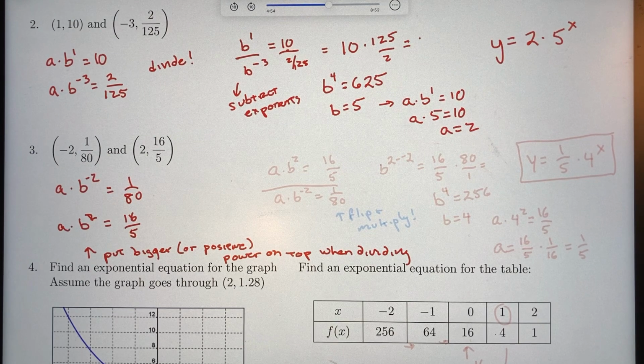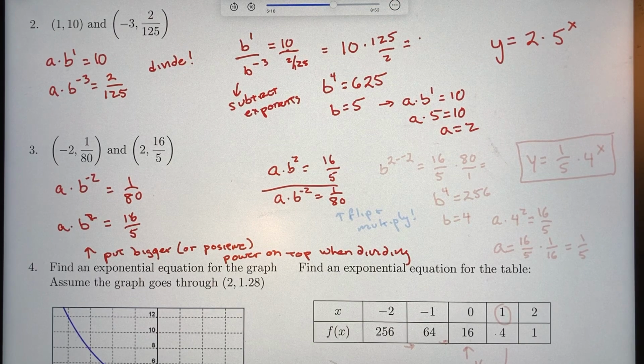It at least helps, because remember b to the negative 2 would mean flip b squared, and I don't want to deal with that. So a times b squared, 16/5. We're going to just divide that by a times b to the negative 2, 1 over 80.